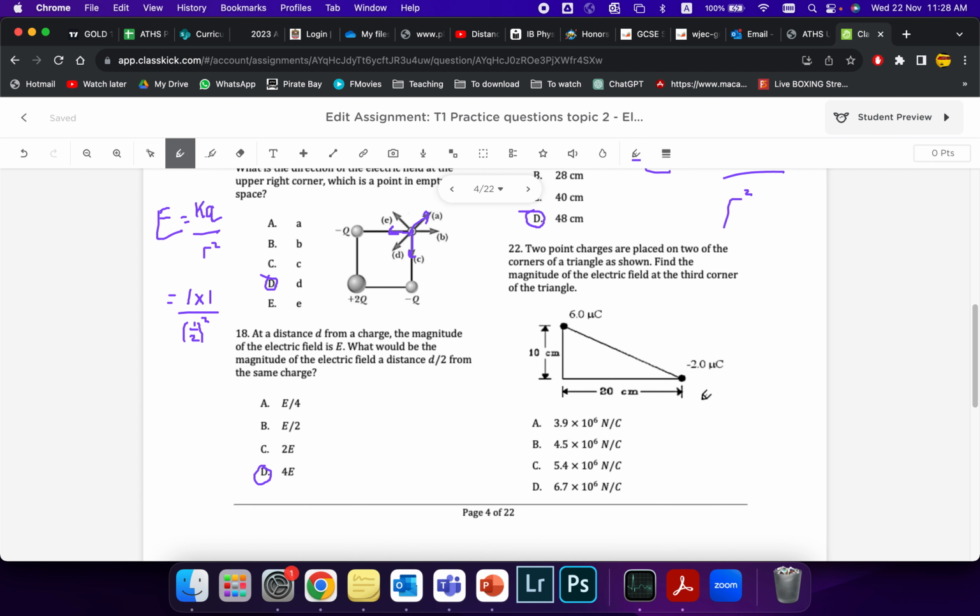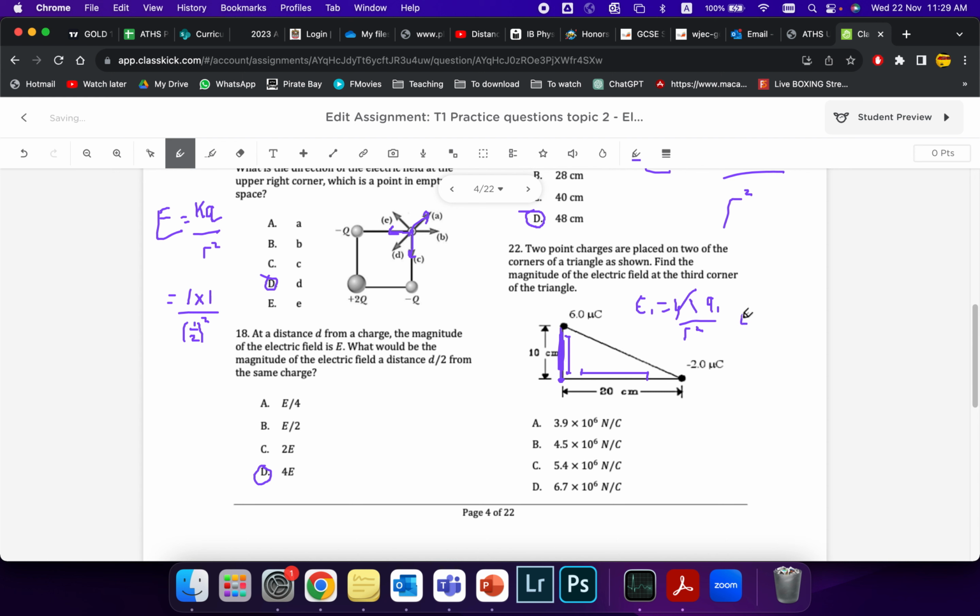Okay, in this case, you are now standing at a position in this corner of the triangle, because two charges are here, so the only other place is here. There's the only other place that you can be, the third corner. You will calculate this one, and then do Pythagoras. We've done this many, many times before. You will do E1 equals KQ1 over R squared, that is the first one, maybe here.